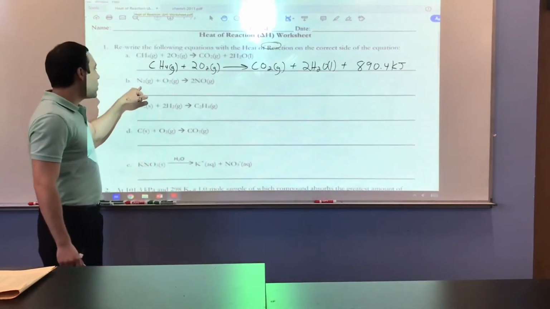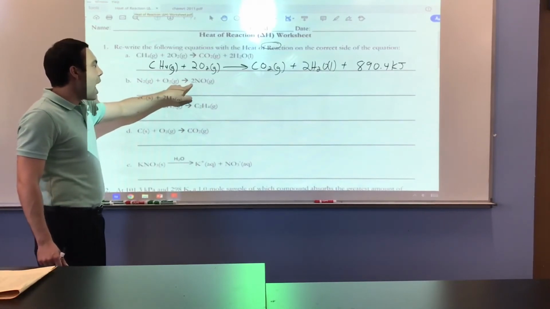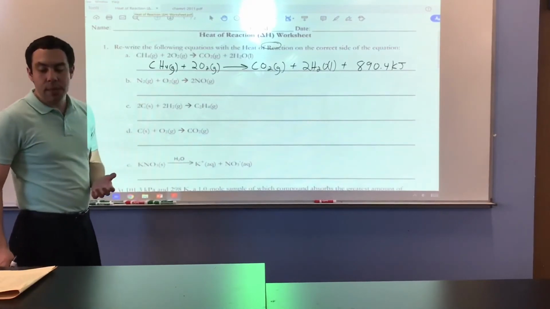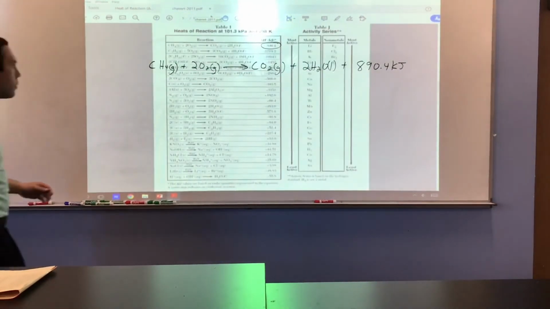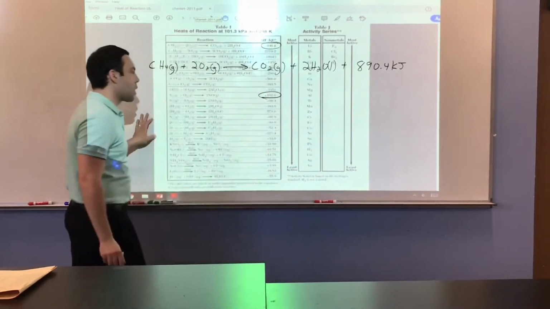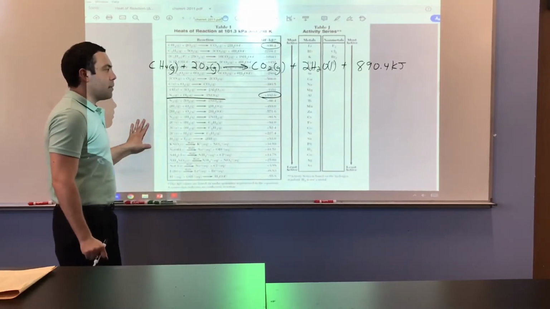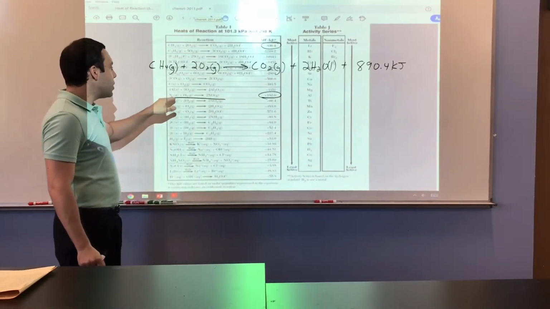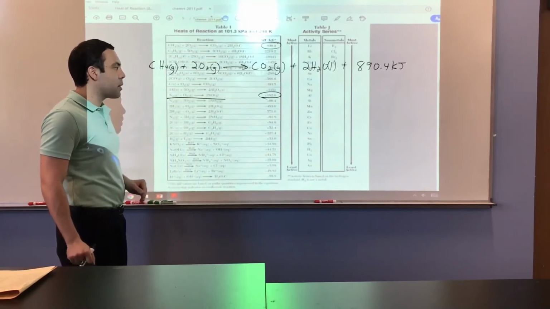However, on the next one, N2 plus O2 goes to 2NO gas. That is a little bit farther down table I. That is right here. So we see that this reaction, N2 gas plus O2 gas, goes to 2NO gas.